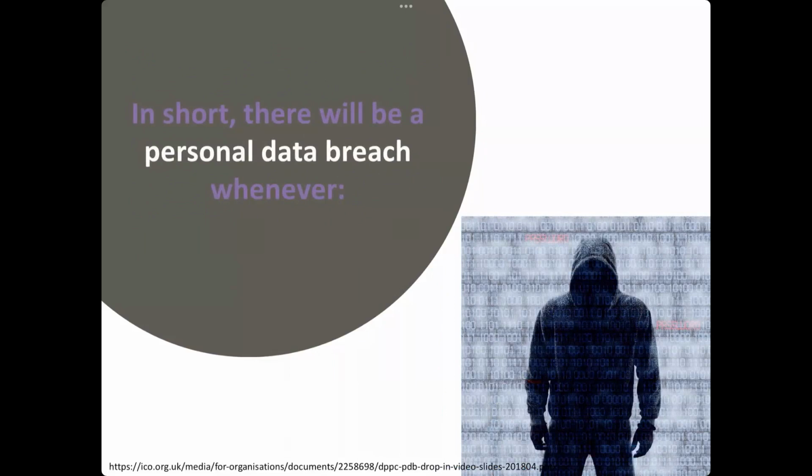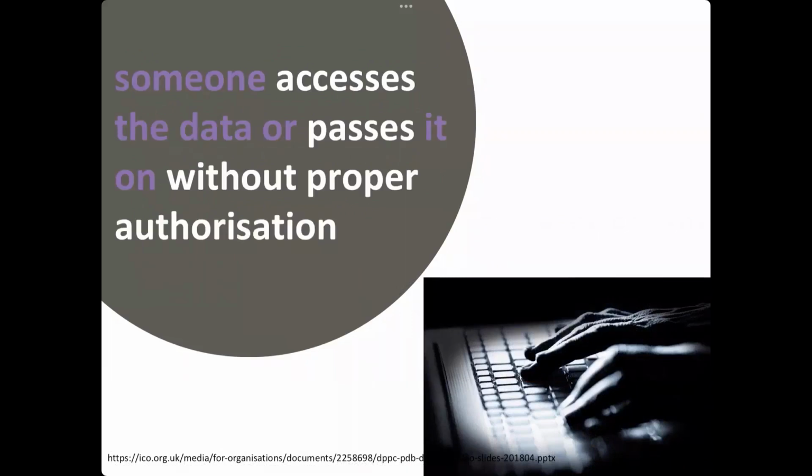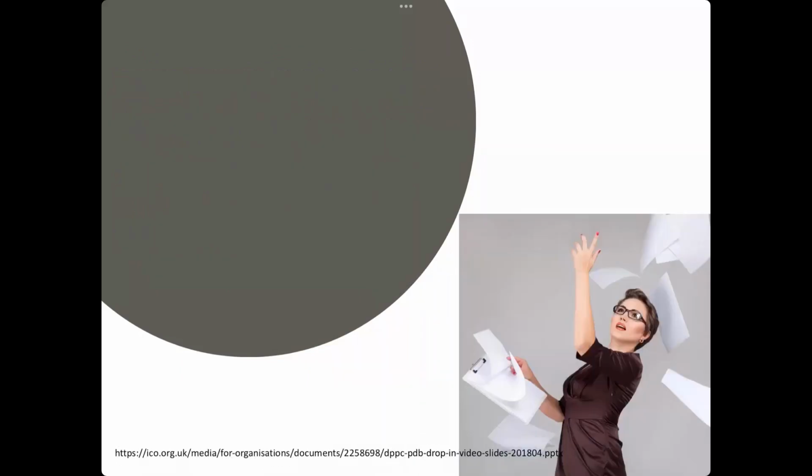In short, there will be a personal data breach whenever someone accesses the data or passes it on without proper authorization. There is also a data breach if your friend passes on data about you to some third party without your prior approval.